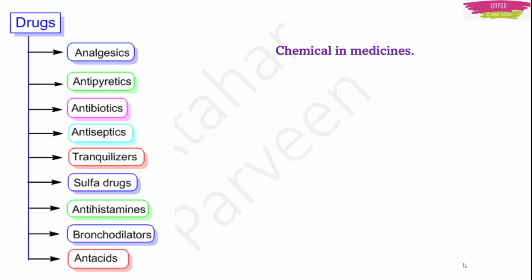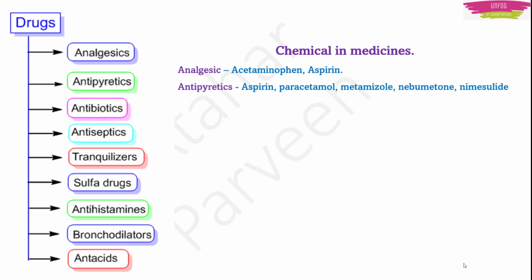Now, after discussing all those drugs, here is a basic summary of the important types of drugs with examples. Analgesics: acetaminophen and aspirin. Antipyretics: aspirin, paracetamol, metamizole, nabumetone, nimesulide.